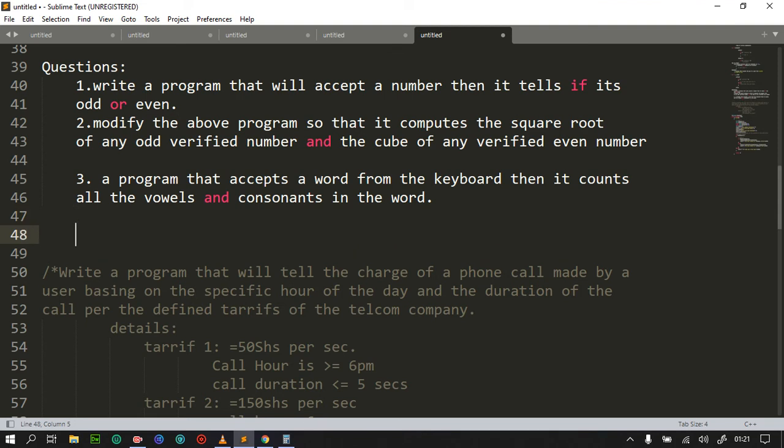Wow, that can make you think a little bit. Program that accepts a word from the keyboard, then it counts all the vowels and the consonants in the word.